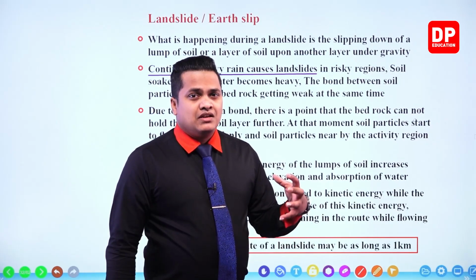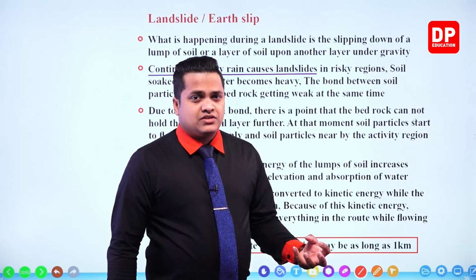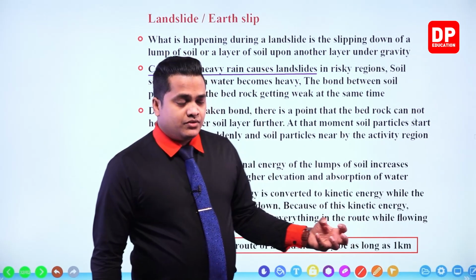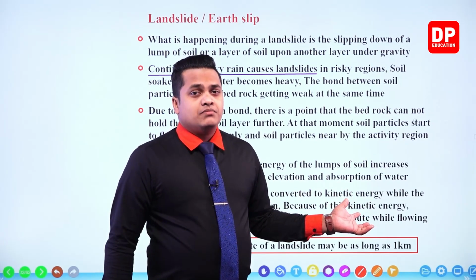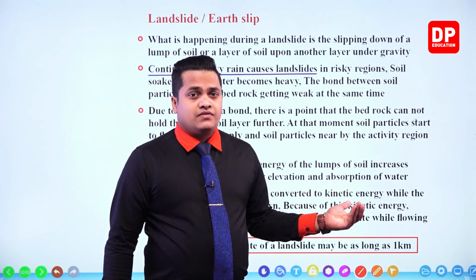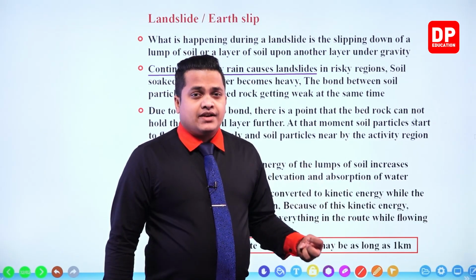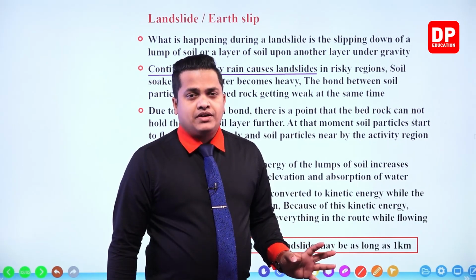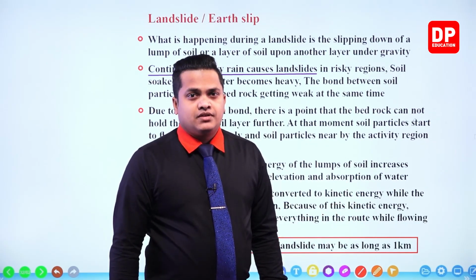Sometimes several people, animals and other properties are going to be caught between these soil lumps, and loss of lives will definitely occur. Other than that, a great deal of loss of property will occur because of landslides.